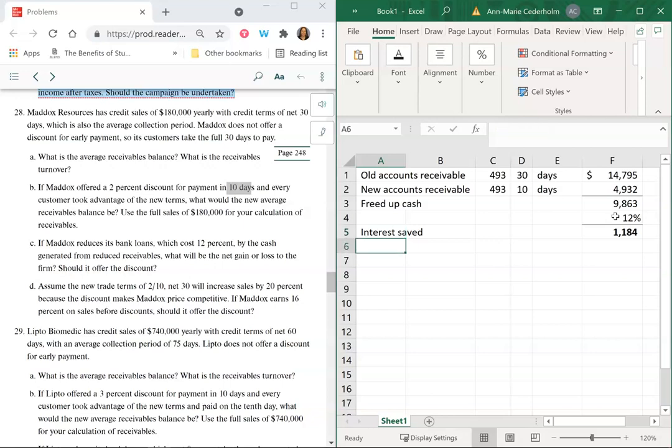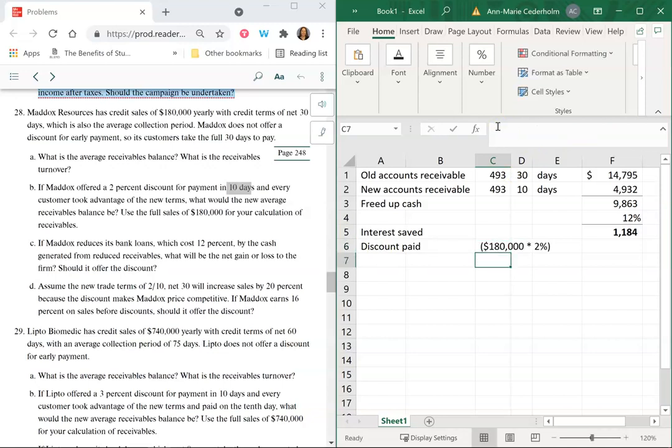But I'm also going to be giving a 2% discount off of the accounts receivable. So it says I'm going to offer a 2% discount for payment. The way that you would calculate this is you would take 180,000, so those are my sales, and then multiply that by 2% because that's how much you won't get now.